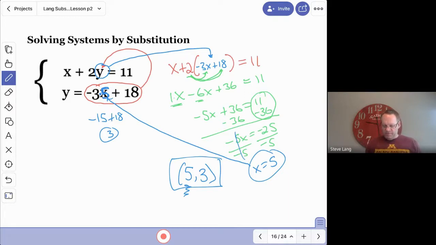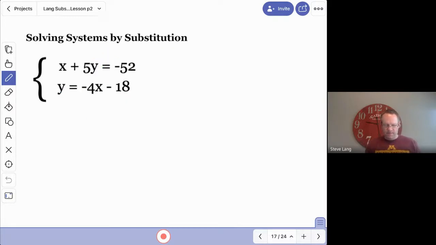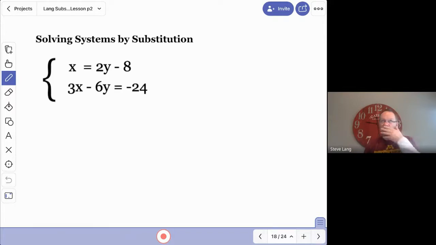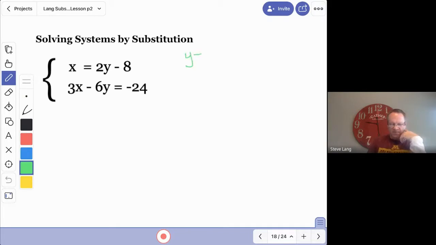All right, let's do another one. Not that one. We're gonna do this one. And then we'll try a couple on our own. So take a look at this one. This one's interesting. In the first 2 examples we did, we had an equation that said y equals something, right? And then we circled this and looped it to the other y.